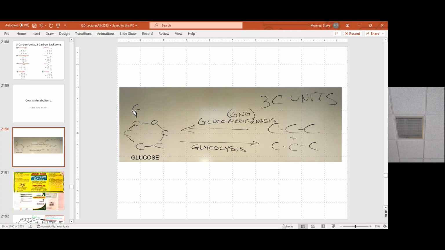We can take those 2 3 carbon units, run the process backwards, and make glucose. That's called gluconeogenesis. So gluco for glucose, neo for new, genesis from the beginning. I'm going to abbreviate that process GNG as we go forward.